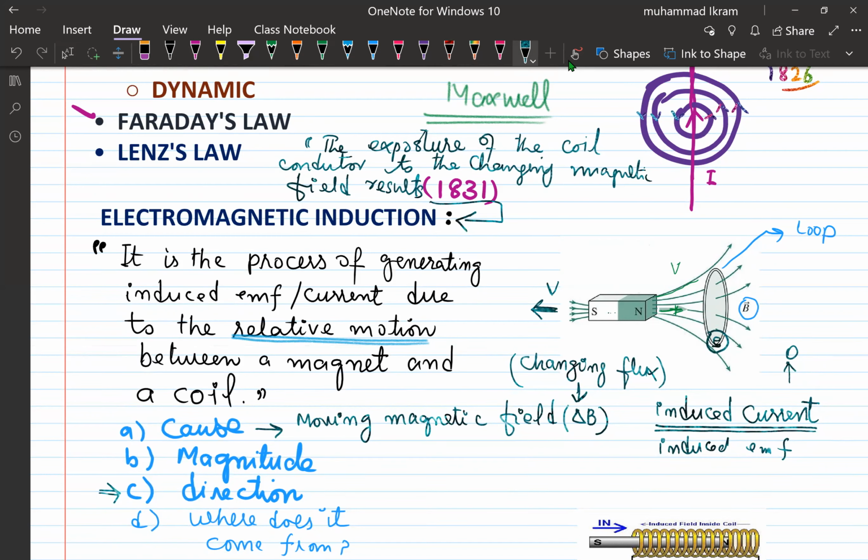But this time, there is again induced EMF, but now in a direction opposite to the previous one. The galvanometer needle will show deflection in the opposite direction. It means that reversing the motion of the bar magnet reverses the direction of the induced current.